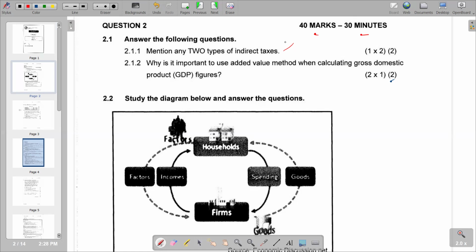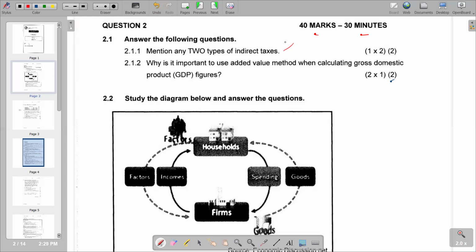That's why we have the indirect form coming in. So the customers are the ones who ultimately pay the indirect tax as a part of the market price of the goods or services purchased, but they don't pay the tax directly. So basically, that's what we have in terms of indirect taxes.